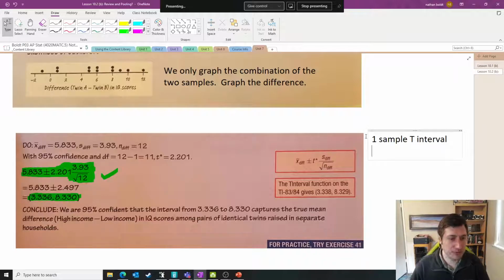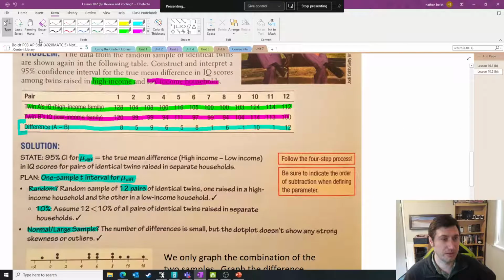They would have used degrees of freedom 11, they show it there. All right, because the combination has 12 data pieces. Where is it? Right here in this color. This one right here, this is what we are doing our confidence interval on. It has 12 data pieces in it. And that's the confidence interval we are doing it for.